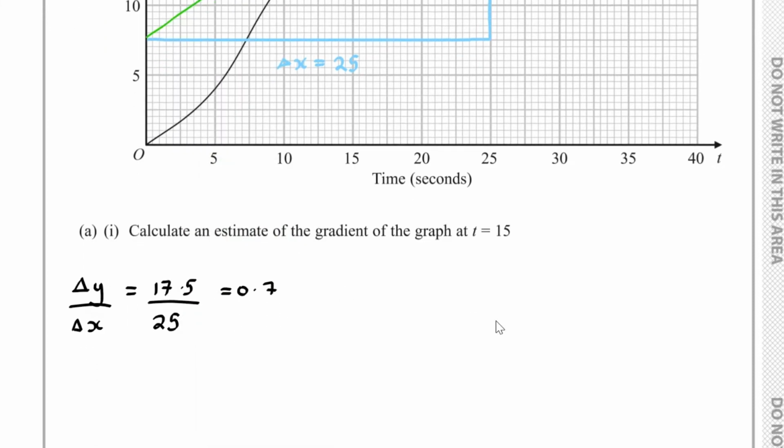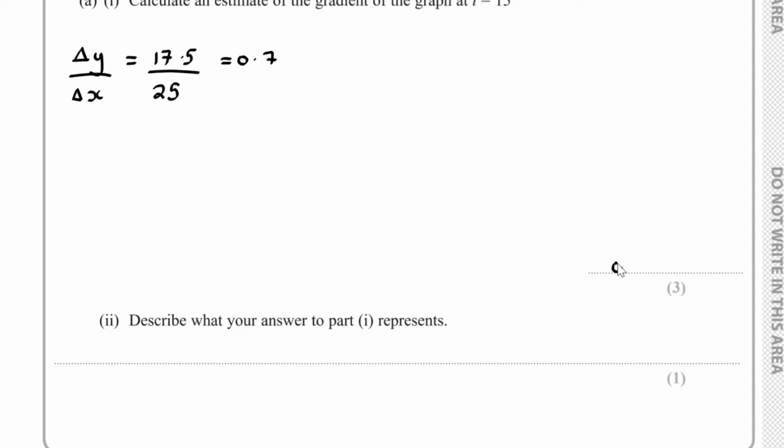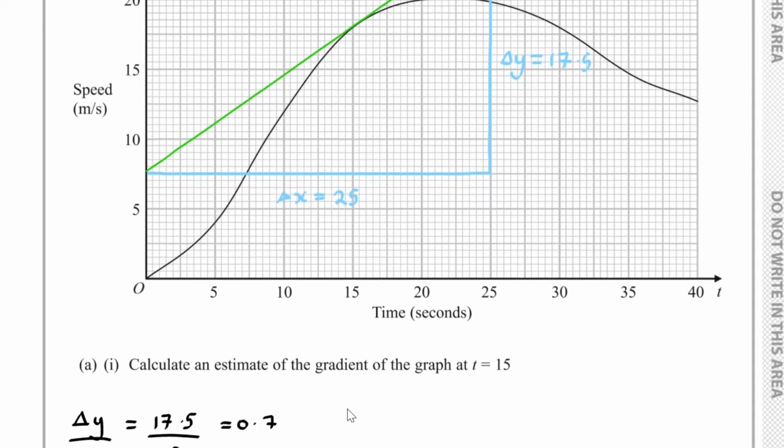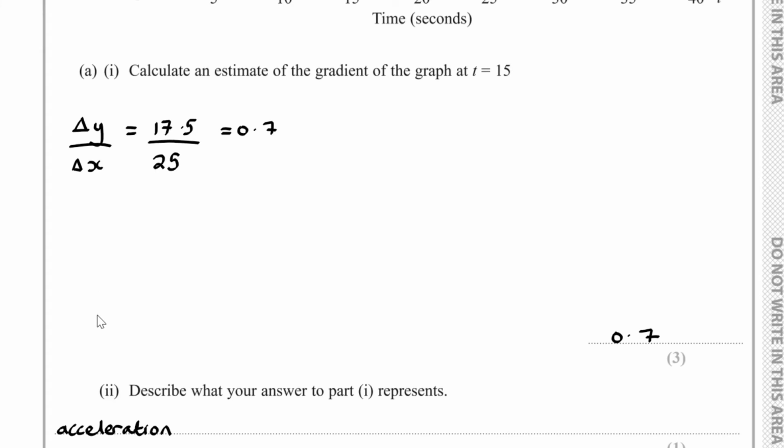So the gradient is 0.7. And now for the next part, we have to describe what this represents. Quite simply, the gradient would represent the acceleration. So the gradient of a tangent from a speed time graph, that represents the acceleration.